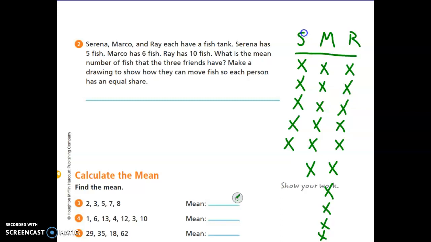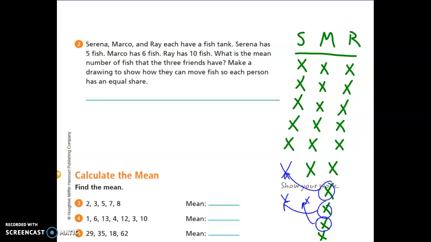So we want to even these columns out. So clearly Ray has more than the others, so we're going to spread some of Ray's fish over to the other ones. Just look at that for a moment and see if you can figure out how you can reconfigure that so they all have the same amount. Don't add any, don't take any away, just change the way it looks on the board.